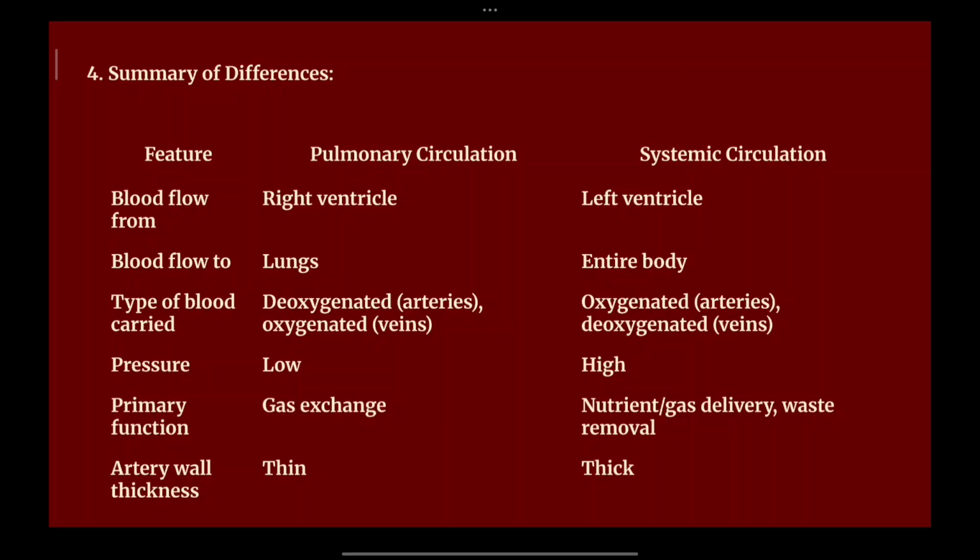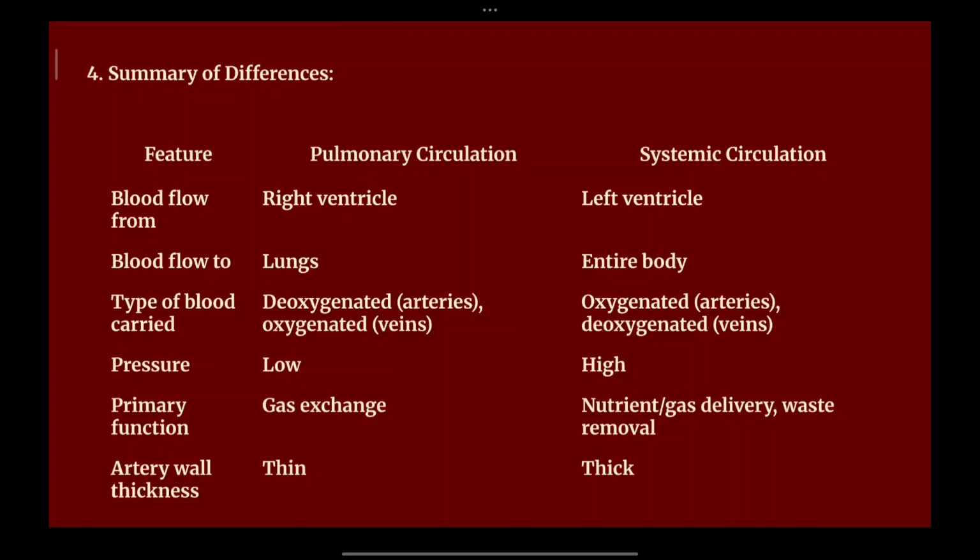The type of blood present in arteries and veins is the opposite. In pulmonary circulation, the arteries carry deoxygenated blood to the lungs, and oxygenated blood is received from the veins. In systemic circulation, which is what we have been studying, oxygenated blood is always carried in the arteries and deoxygenated blood in the veins.